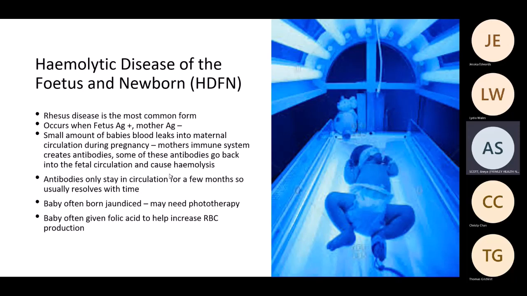The antibodies only stay in the circulation for a few months, so it's a condition that just resolves with time. Babies are often born jaundiced, so might need phototherapy, which is what this picture is of here, for anyone who hasn't seen it before. And the baby can be given folic acid as well to try and help increase red blood cell production, but it's usually just with time it resolves.